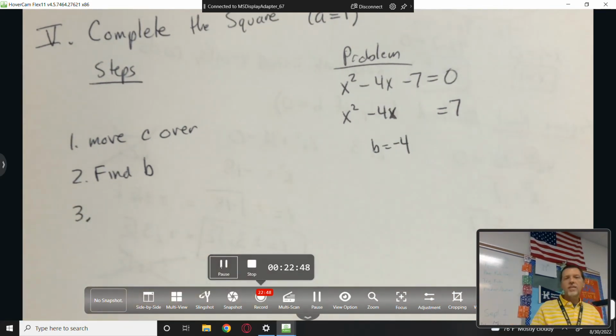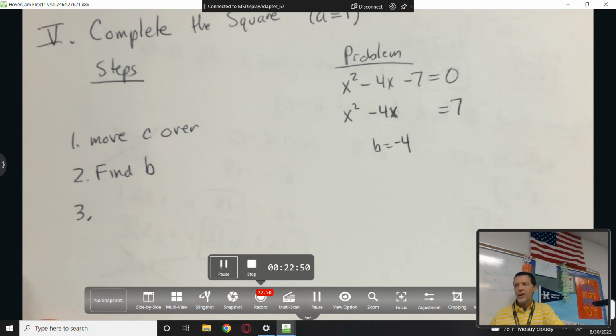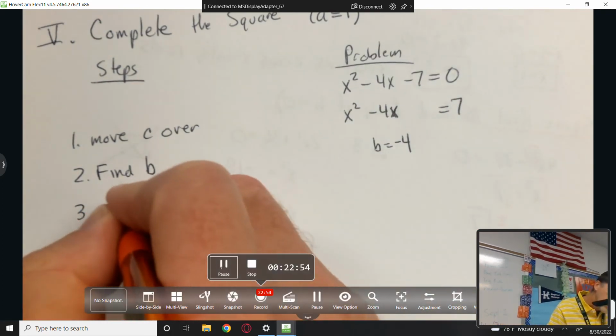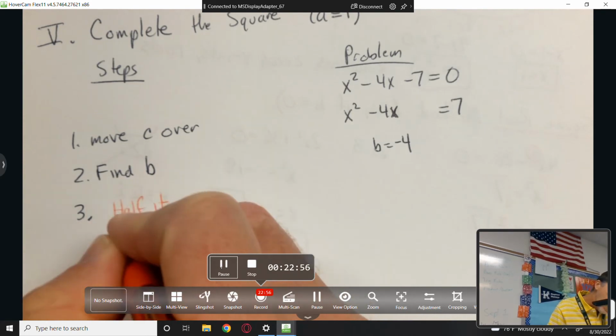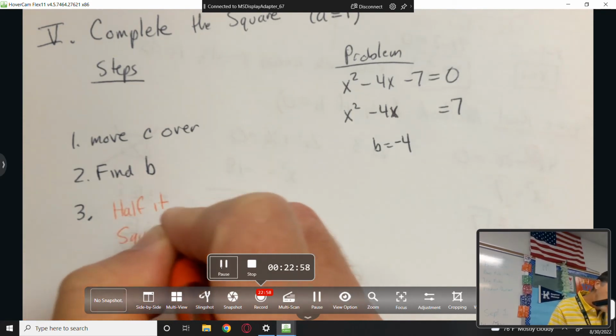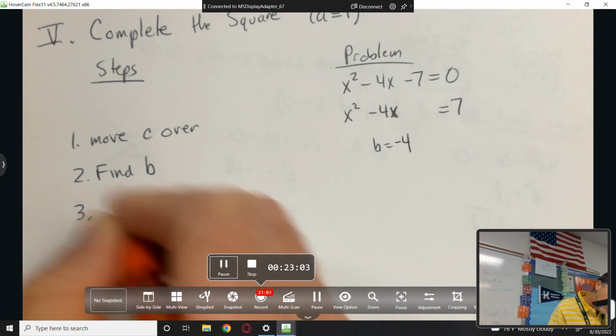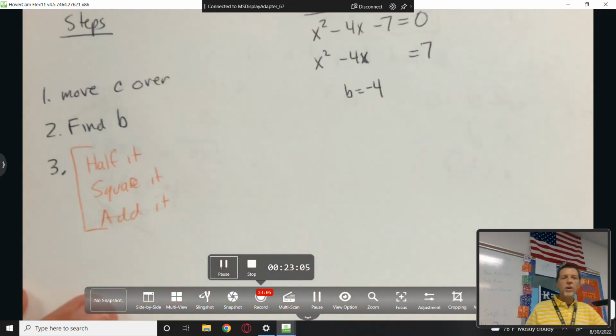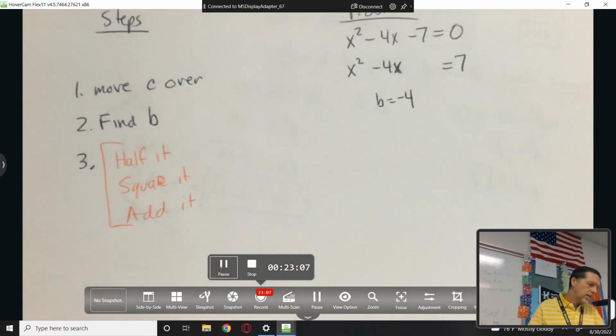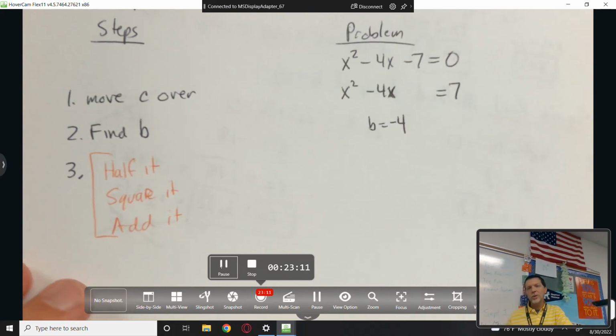And then the next step, I'm going to group a bunch of things together. This is sort of the heart of the problem. Half it, square it, add it. Those all run together real quick. So you found b.